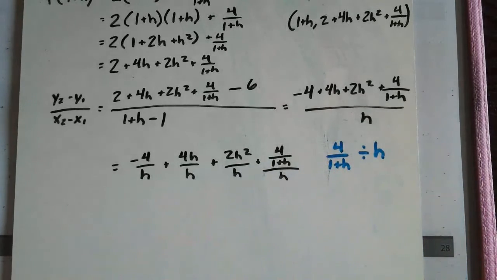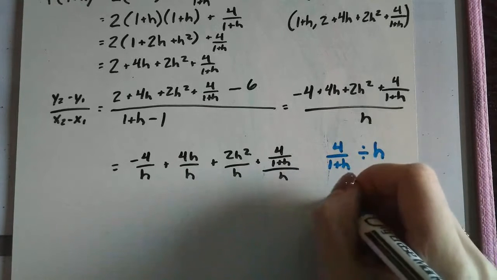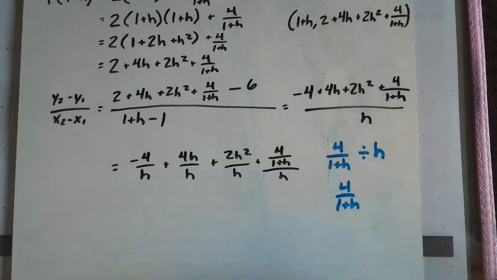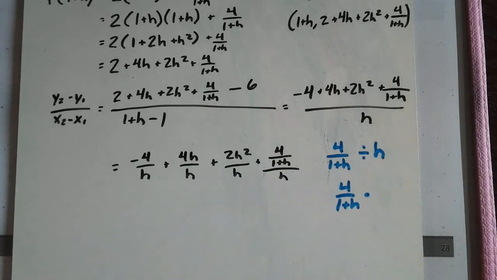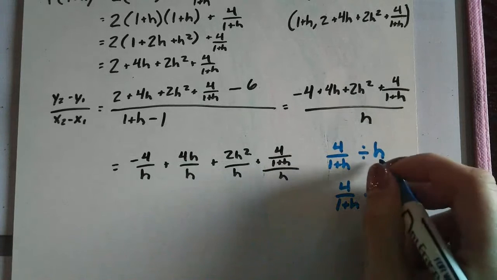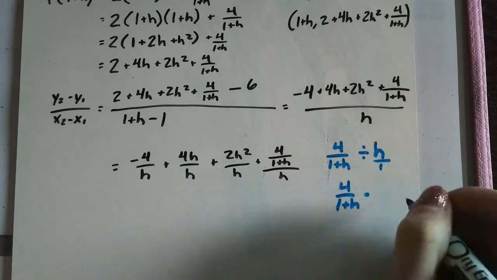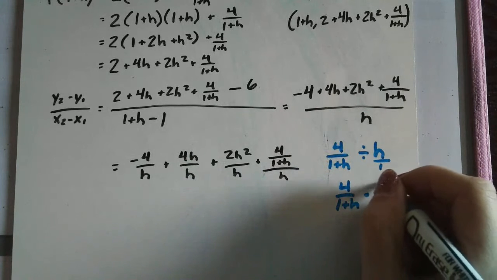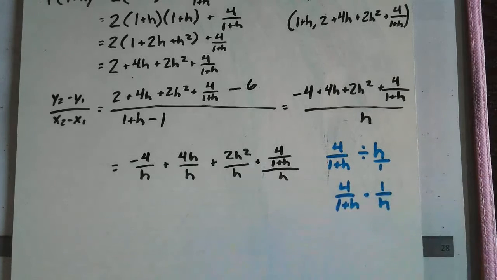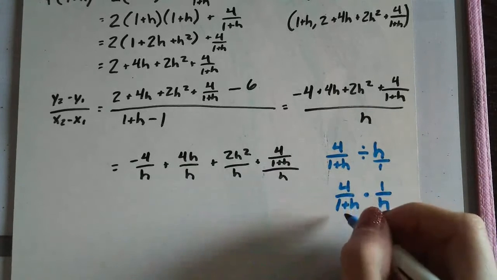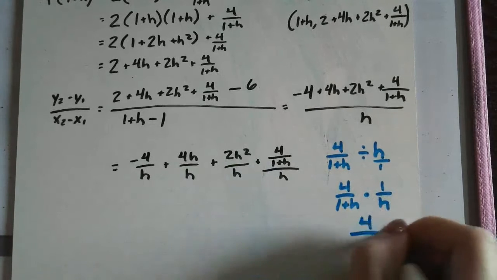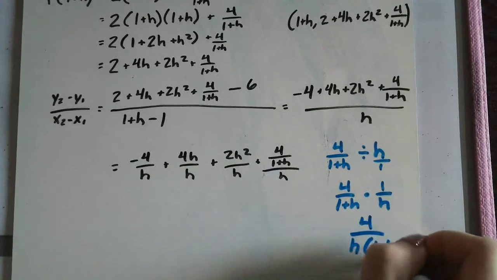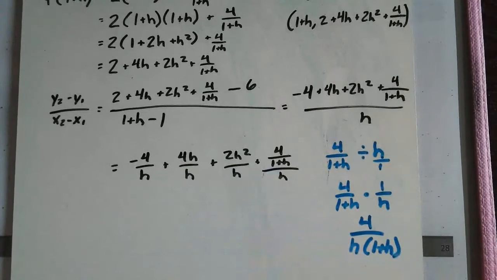If we want to divide fractions, we can keep, change, flip. So I keep the first fraction, 4 over 1 plus h, change from division to multiplication, and flip. It was h, which I can think of as h over 1, so when I flip it, it's 1 over h. 4 over 1 plus h times 1 over h gives us 4 over h times 1 plus h.